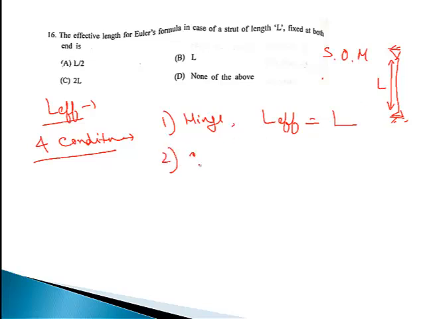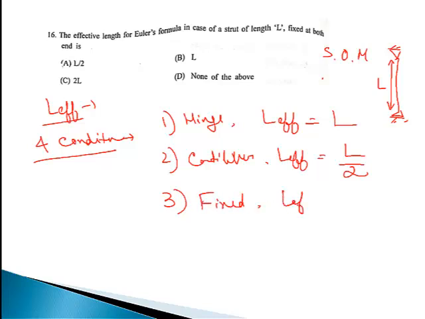Secondly, if it is cantilever, L effective equal to 2L. Just follow these 4 conditions, because anything can come in the examination. I am sorry, for cantilever it's twice L, it's not L by 2.